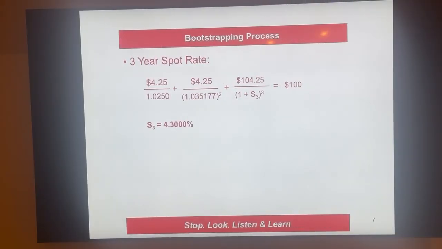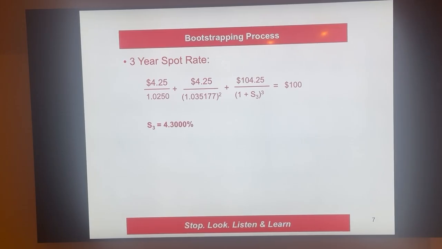So what we do now is take that 3-year bond and determine what the cash flows will be, because the par rate is 4.25%. That means this 3-year bond, after 1 year, will pay a coupon of $4.25.